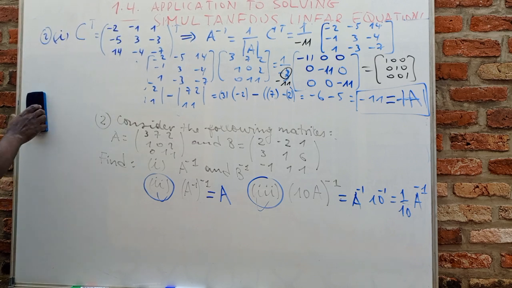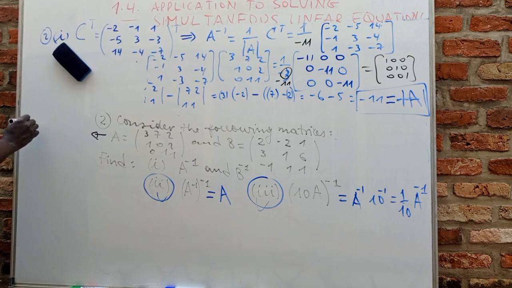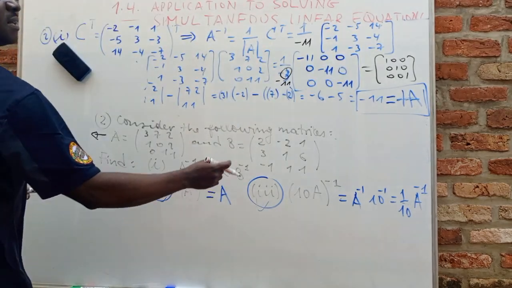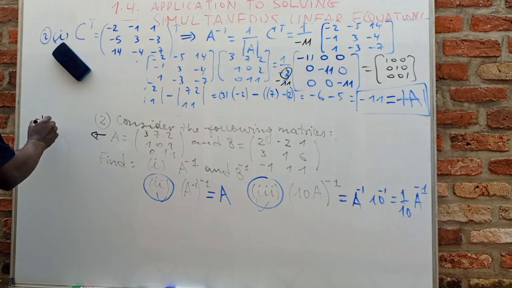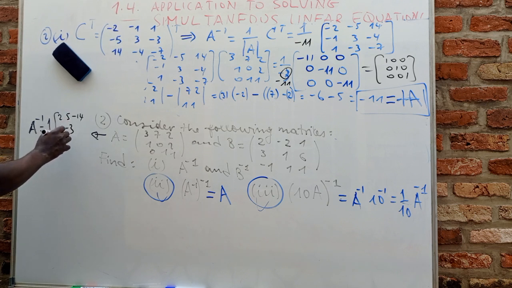So the inverse of A is equal to, multiplying here, everything that is negative becomes positive, 1 over 11, 2, 5, negative 14, 1, negative 3, positive 4, negative 1, negative 1, positive 3, positive 7.